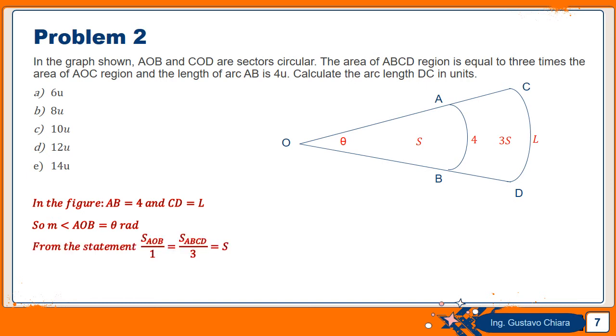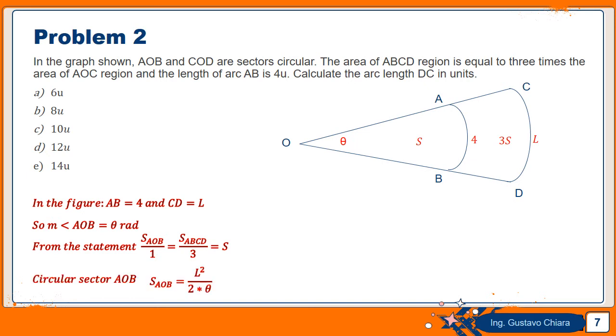So okay, from the statement, the regions AOB and ABCD are in the relationship 1 and 3, because it said that the region ABCD is equal to 3 times the region AOB.